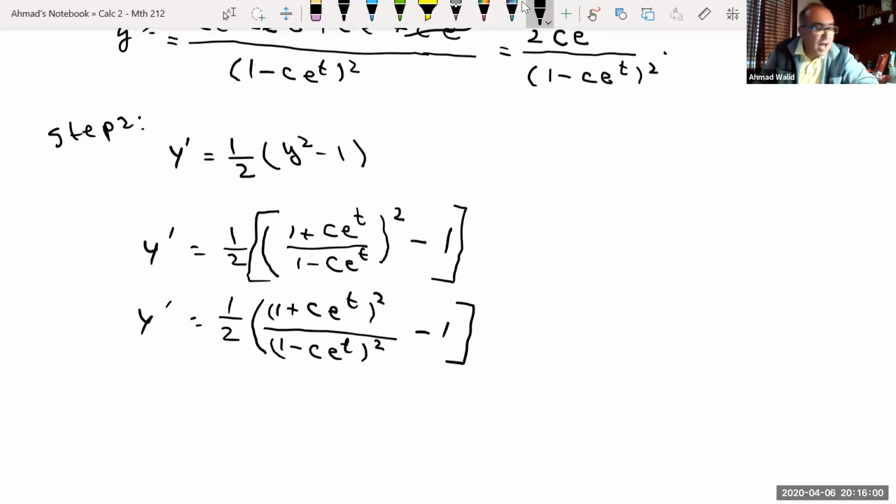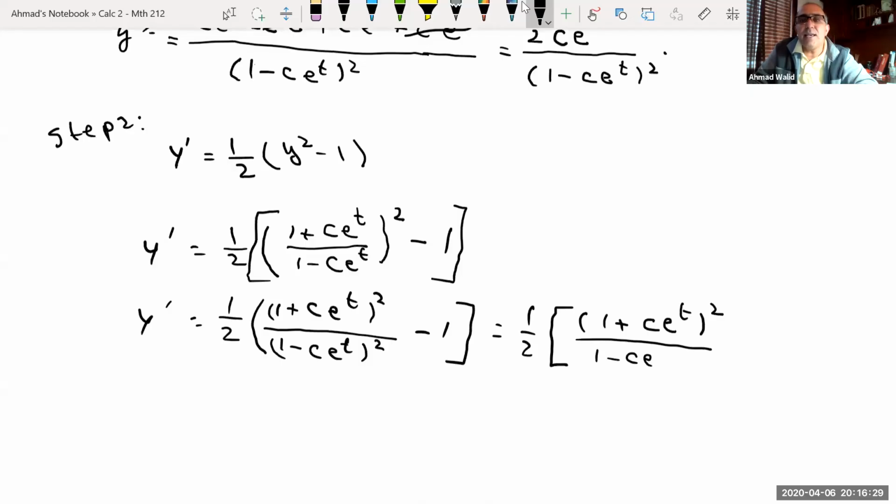Correct? Now, what I need here, I need a common denominator between 1 and this fraction. Then I can write this as 1/2 bracket 1 plus ce to the power of t all square over 1 minus ce to the power of t all square minus, because I have 1, I have to multiply this fraction with 1 minus ce to the power of t square.